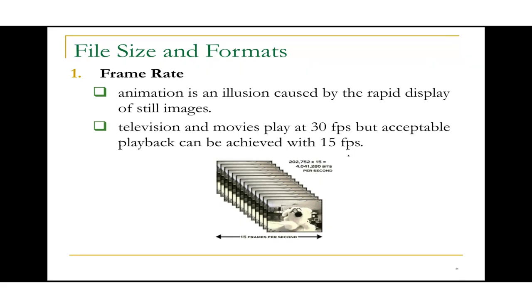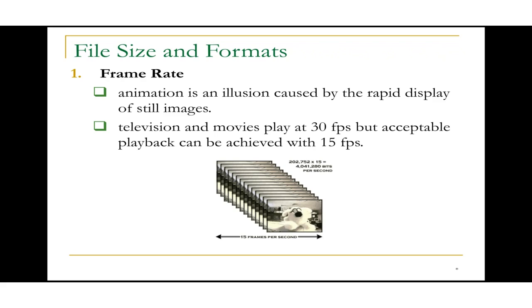They say that with 15 frames per second, you can still produce the illusion of motion. But if the speed of displaying your images becomes less than this, you'll start noticing that one image is gone, another one, another one. So you'll lose the illusion of motion if the speed is too slow.